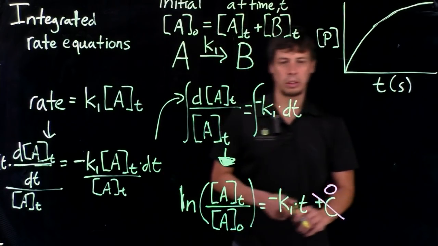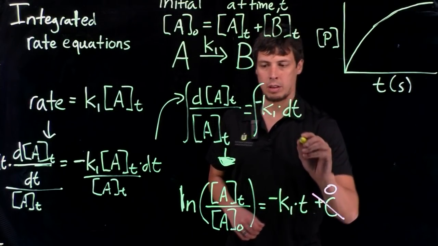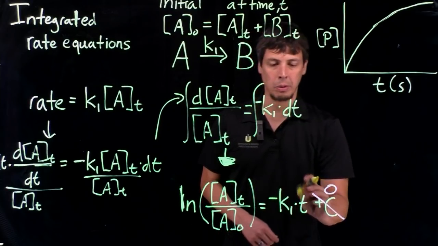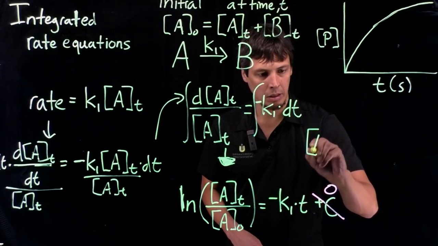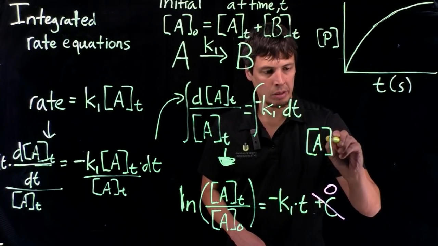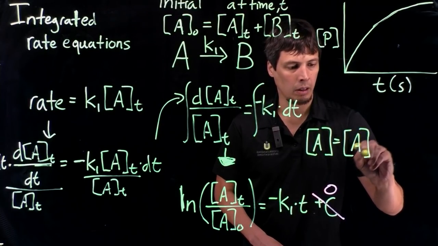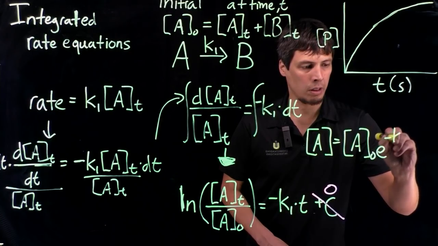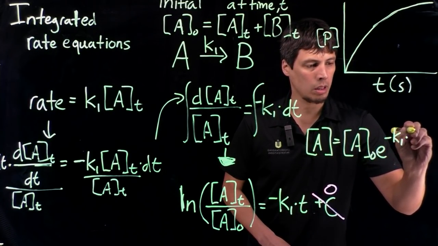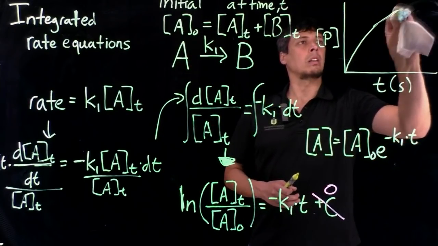What we end up with is a final equation where, if we take the exponent on both sides, at any time t the concentration of A is equal to the initial concentration of A times e to the negative k1 times t.